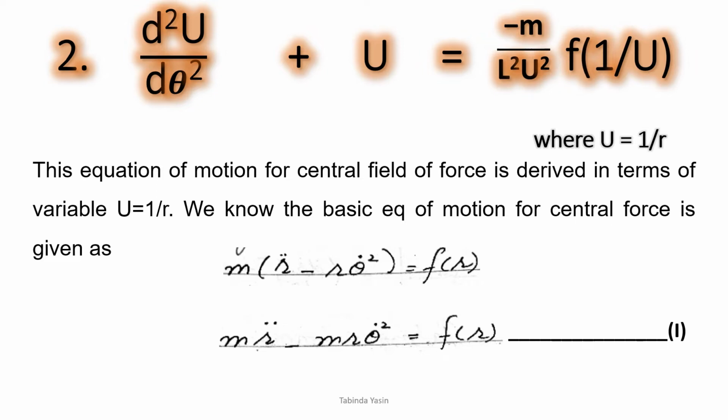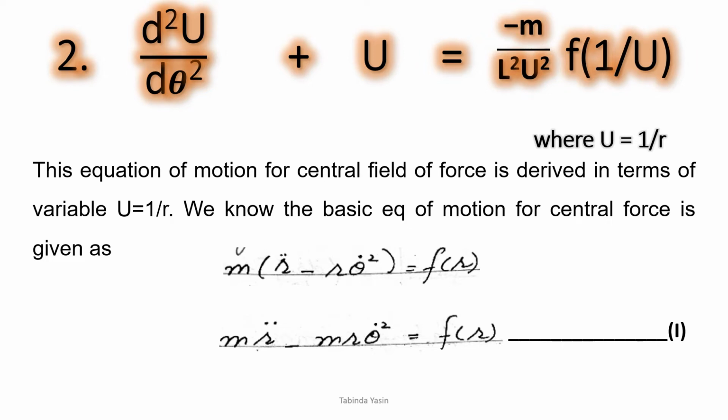Here acceleration in the central force form is written as r double dot minus r theta dot square, that is the radial component of acceleration multiplied by the mass, and that gives the central force, that is f of r. Now multiplying that m inside the equation, we get m r double dot minus m r theta dot square is equal to f of r.